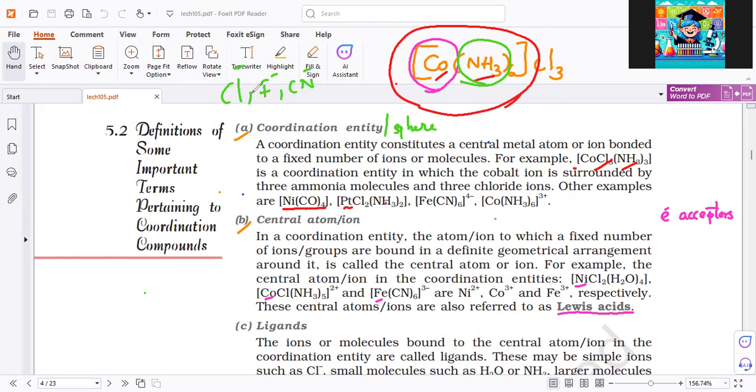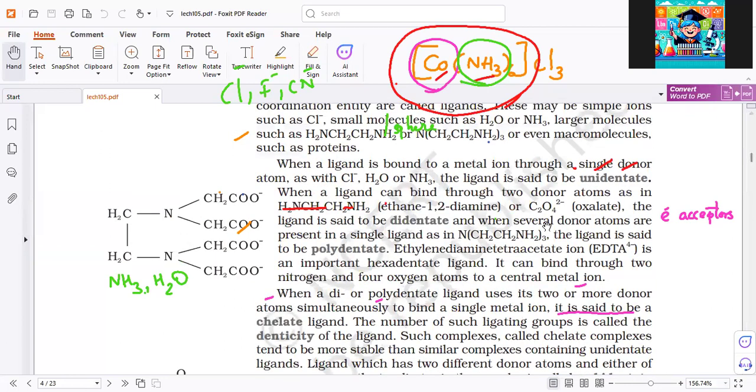These are all examples of simple ligands. Also neutral molecules, like we have seen, ammonia and water molecules, can act as ligands. Ligands can have various chemical constitutions. Larger molecules can also act as ligands.